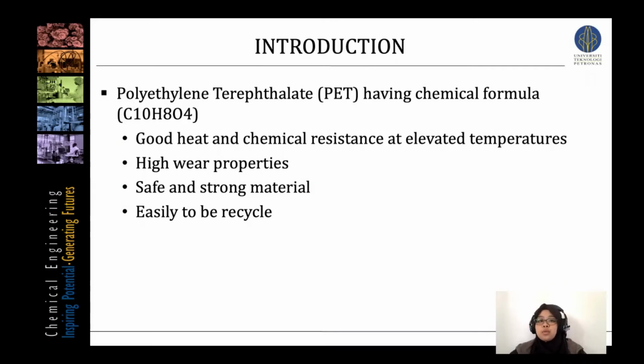Secondly, it has properties where it is not destroyed when applied to a higher temperature. Thirdly, it is a safe and strong material. And last but not least, it is easily recycled. So based on these 4 reasons, this is why we chose polyethylene terephthalate as our feedstock.